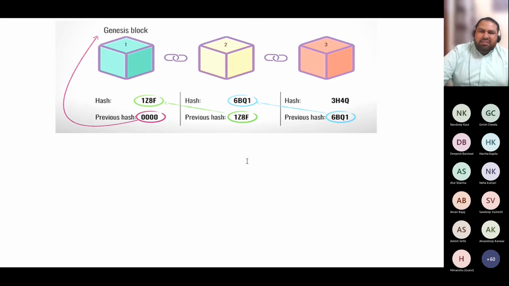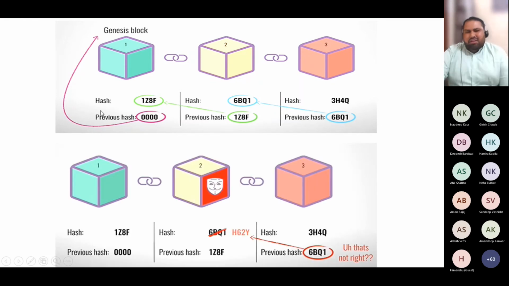Similarly, like the example of a book, if anybody wants to tamper with the data within this block, or the hash of this block, it will tamper the complete data within the chain. So let's say you tamper with the hash value of the second block.